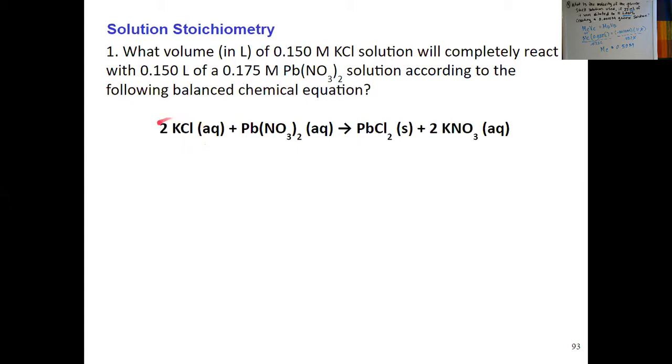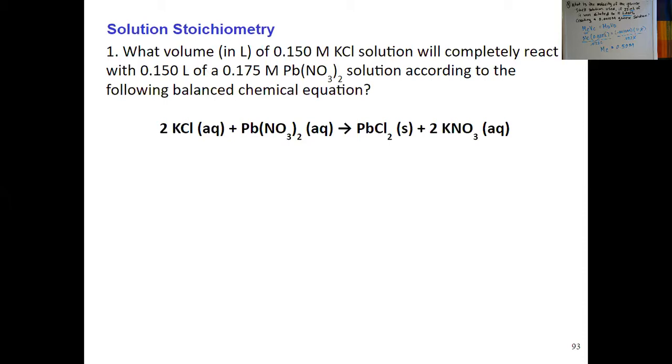Once we have a mole value for KCl and we have the molarity of KCl, we can then find the volume of KCl.